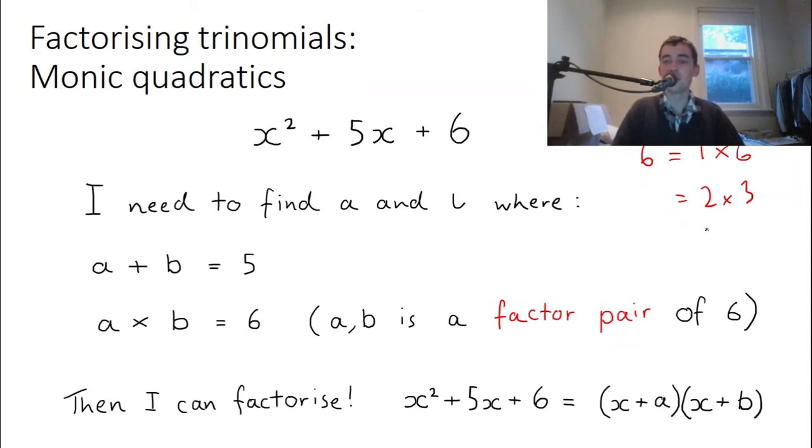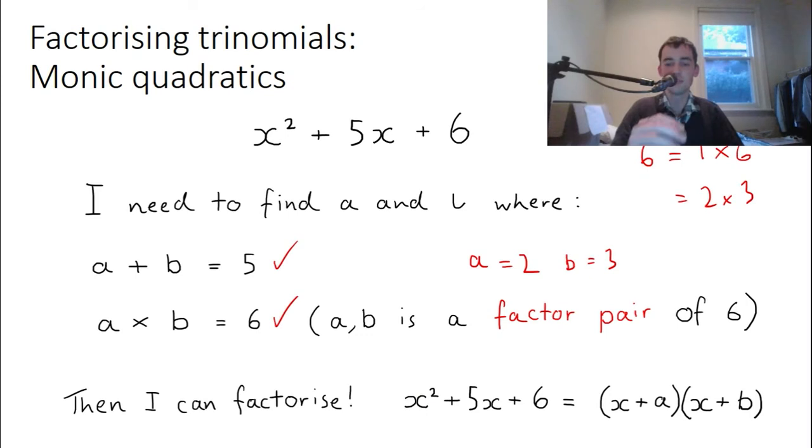So a could be 2, maybe a equals 2, and b equals 3. Let's just double check. a plus b equals 5. 2 plus 3 equals 5. That's true. a times b equals 6. 2 times 3 equals 6. So a equals 2 and b equals 3.